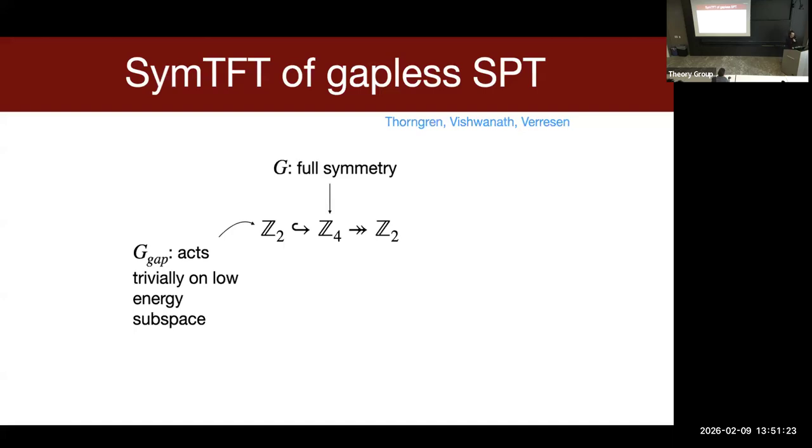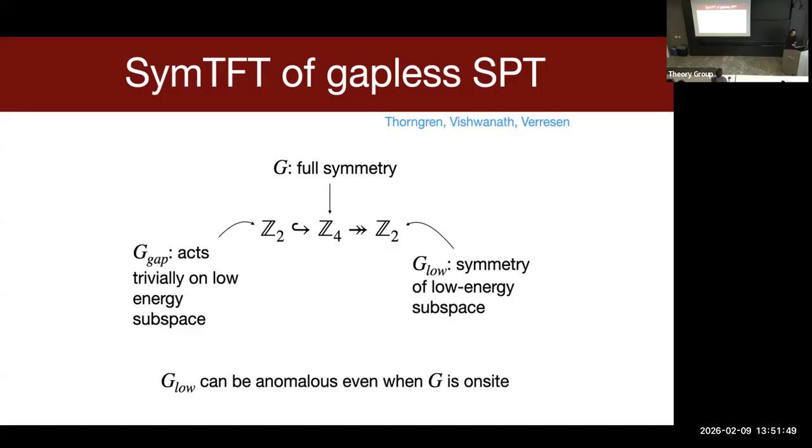So if this Z4 symmetry is the full symmetry group, but in my low energy subspace the Z2 subgroup acts trivially, what that means is that in this low energy subspace, my Z4 symmetry actually acts as a quotient. So this G low would be the symmetry group that acts on the low energy subspace.